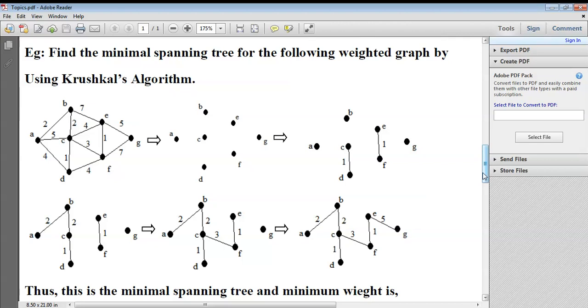So it is the minimal spanning tree because it is the spanning tree. It is the weighted graph, and the sum of weights of the edges is minimum. The final graph is the spanning tree because it contains all the vertices, and it is itself a tree. Tree means it should not contain any cycles.